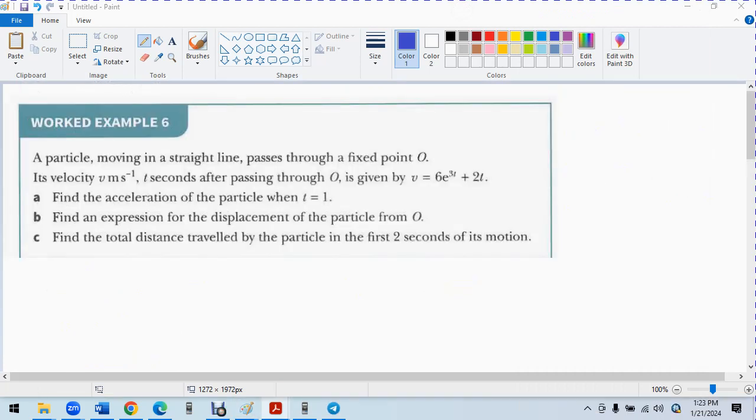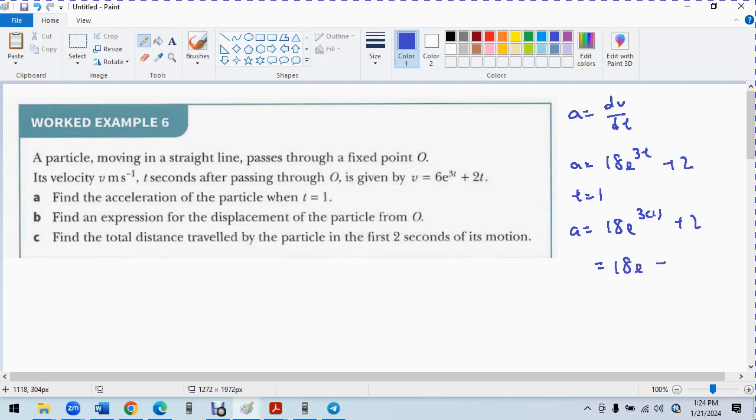Work example number 6. A particle moving in a straight line passes through the fixed point O. Velocity is this. Find the acceleration when t equals 1. So we know that the a is dv/dt. So the a will be 18e^(3t) plus 2. So t equal to 1, a equal to 18e^3 plus 2.